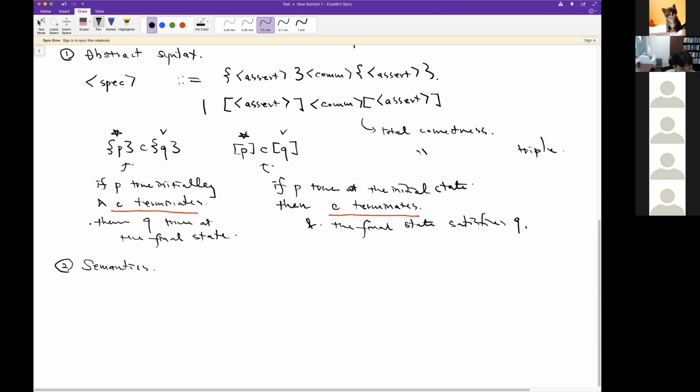Then how to do this? We want to give a semantics, which, as usual, we give as a map. In this case, that map takes a specification and produces only one Boolean value, because either the specification is true or false, and the Boolean value B is either true or false.